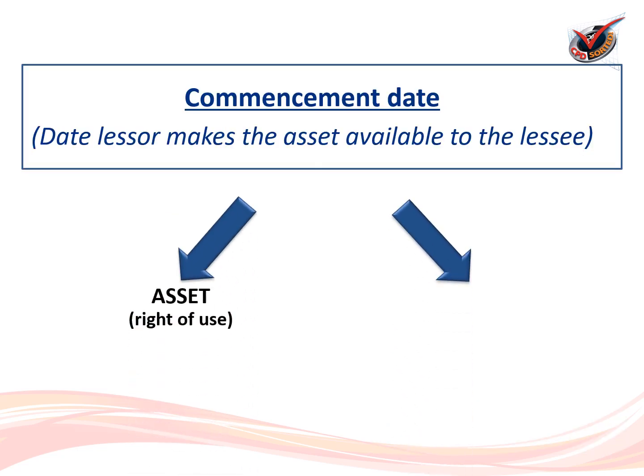The starting point to recognize a lease would be the commencement date, because that would determine the date at which the right-of-use asset needs to be recognized, as well as the corresponding lease liability. And that is generally the date that the asset is made available to the lessee.